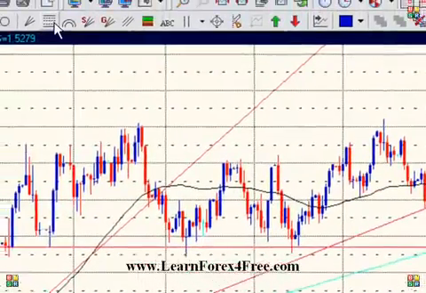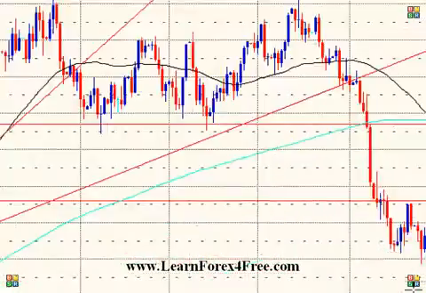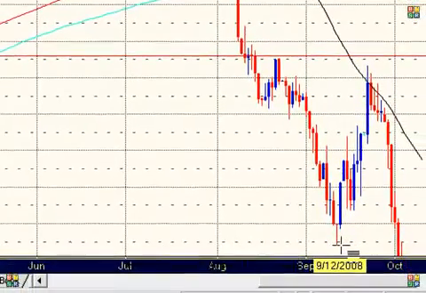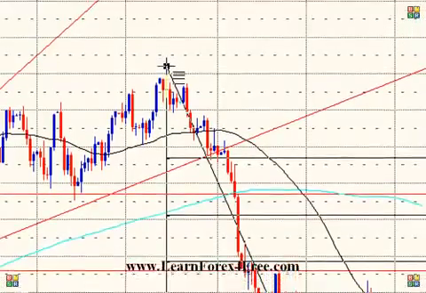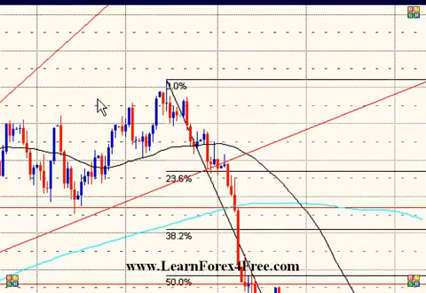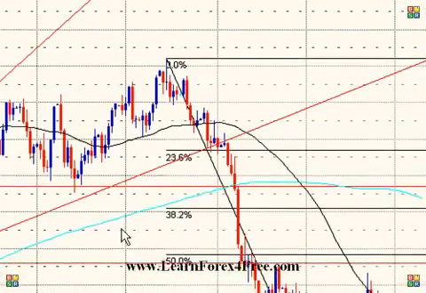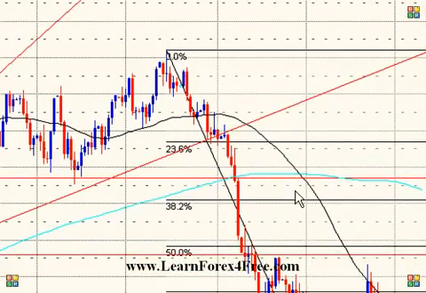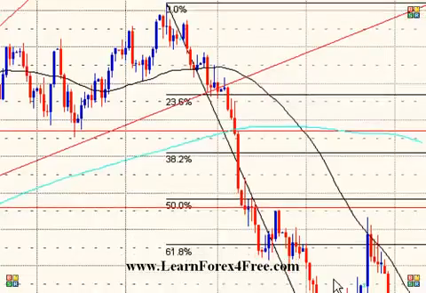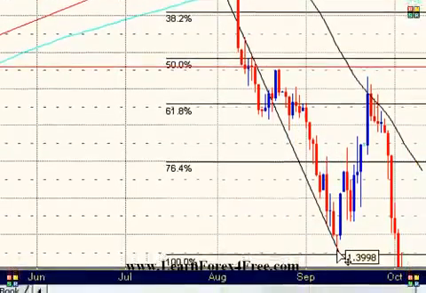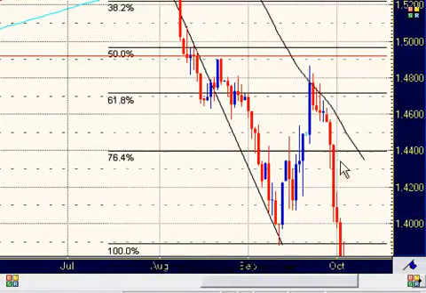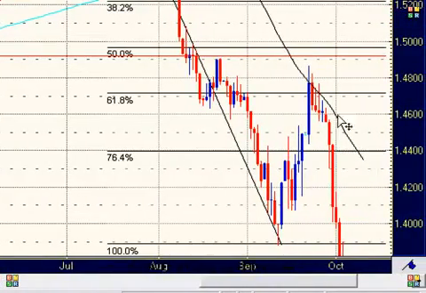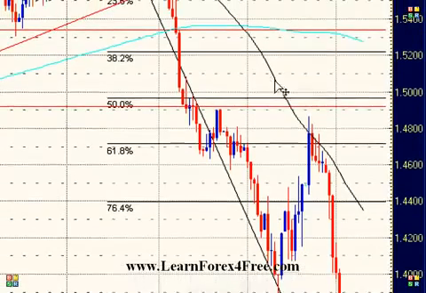I'm going to take the Fibonacci and go from the bottom, the peak, the low, to the high, and that's where we were last time. This was our 50-day moving average, this was our 200-day moving average, and this is the point where we were last time, and I indicated that there would be some price hesitation.